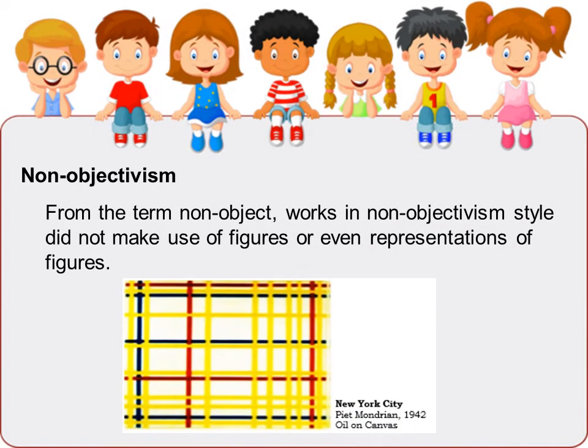Next, we have Non-Objectivism. From the term non-object, works in the non-objectivism style did not make use of figures or even representations of figures. The painting on your screen shows the work of Piet Mondrian, and he called it New York City.